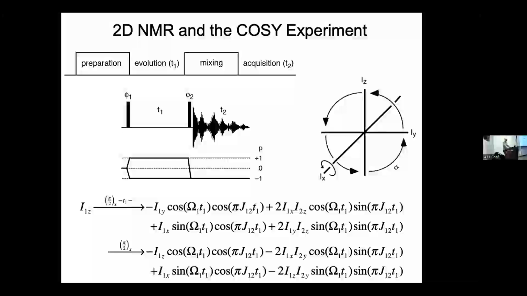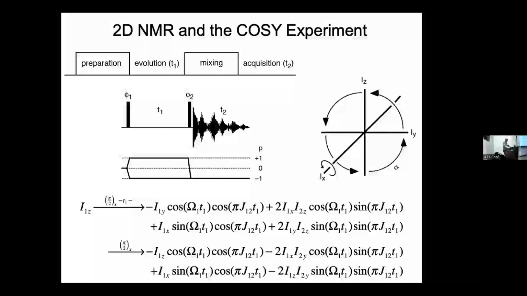So the J coupling needs to be non-zero to see this antiphase term. And the antiphase term is the coherence transfer. We started on the I spin, we ended up on the S spin. The appearance of the antiphase operator is a sign that the coupling is non-zero. And that's the critical part of the experiment, identifying the coupling network in the molecule.